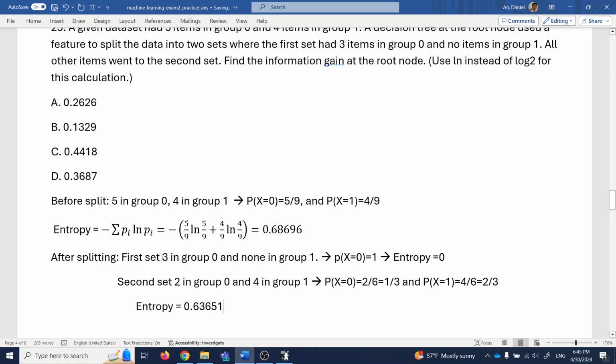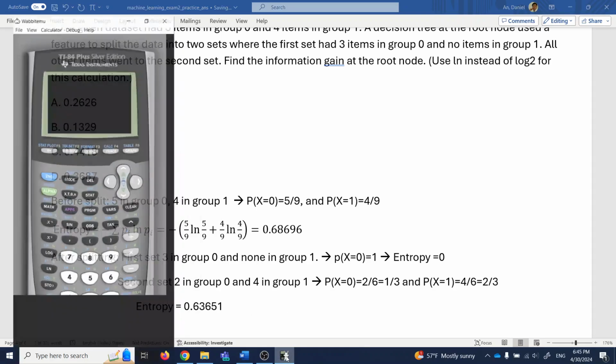There are 3 elements in the first set and 6 elements in the second set. So what we need to do is take the weighted average of 0 and 0.63651. So let's do that.